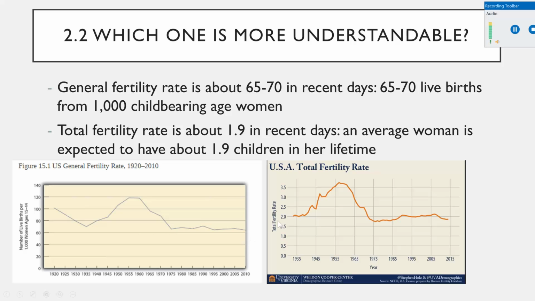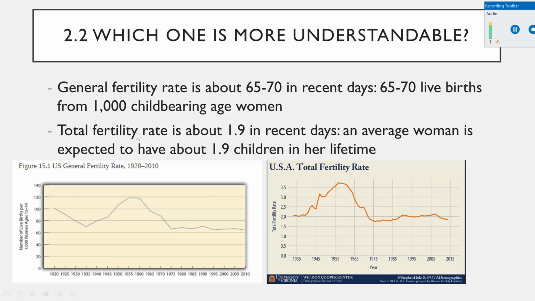However, if you look at the total fertility rate, you can see that it was about 2 around the early 1970s, then reached a little bit less than 2, but it increased a little bit. These days, in 2018, it's about 2.1, but anyway, it's around 2, or 1.9 in 2015.